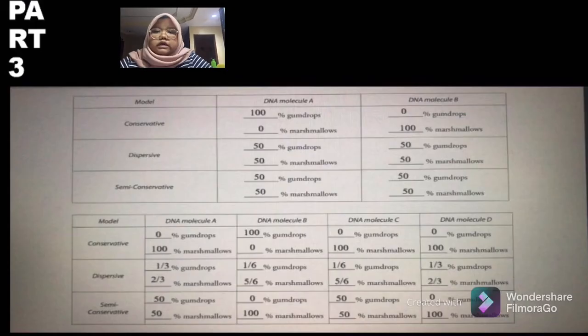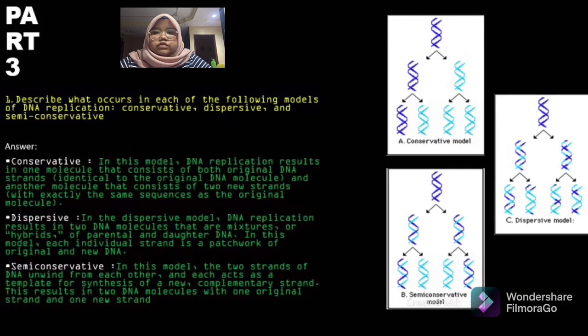So first, this slide shows the table of result based on the video given about the DNA replication. So answering the first question, describe what occurs in each of the following models of DNA replication: conservative, dispersive, and semi-conservative.